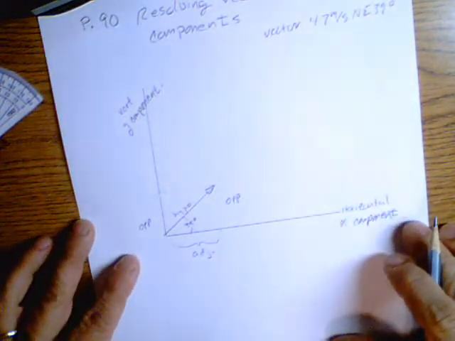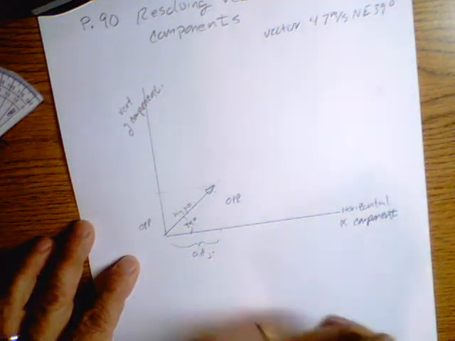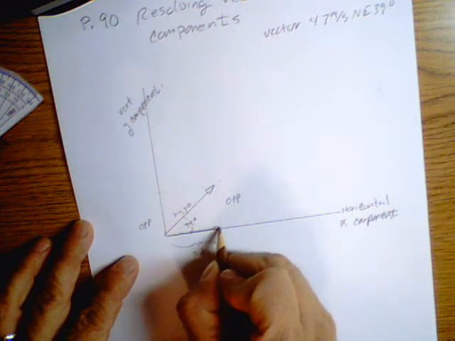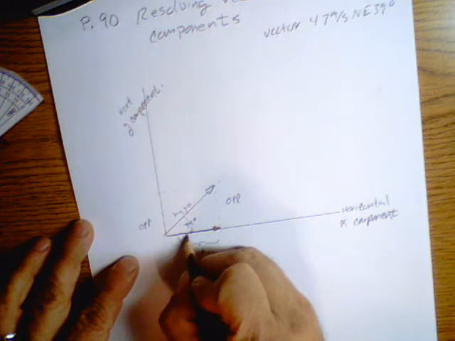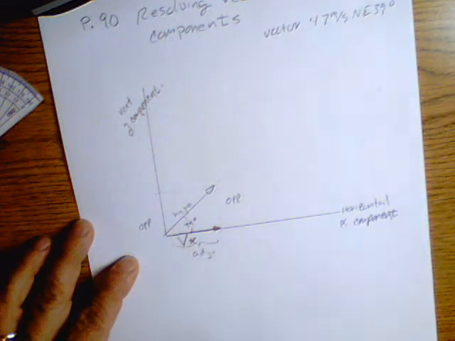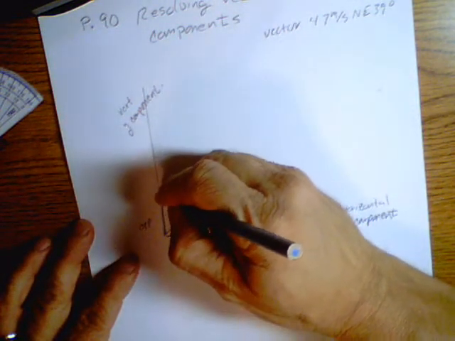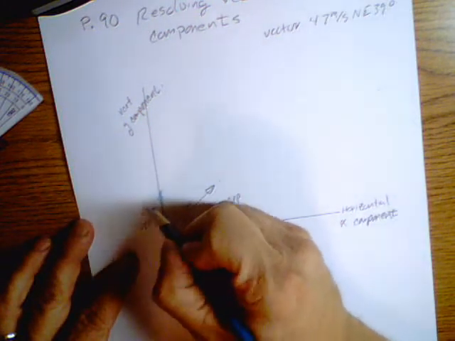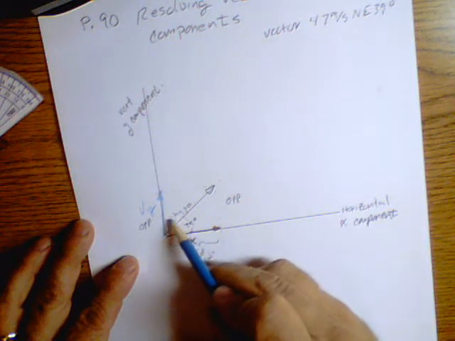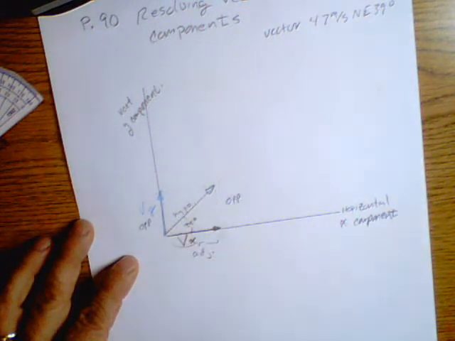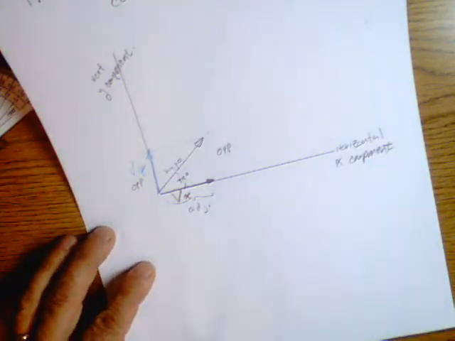Right, and so what we could do is call this vector that we want here vector x, because it's on the x-axis, and we could call this vector vector y because it's on the y-axis. And so those are the components of this vector that we're looking for. And so that's what's meant by resolving a vector into components.